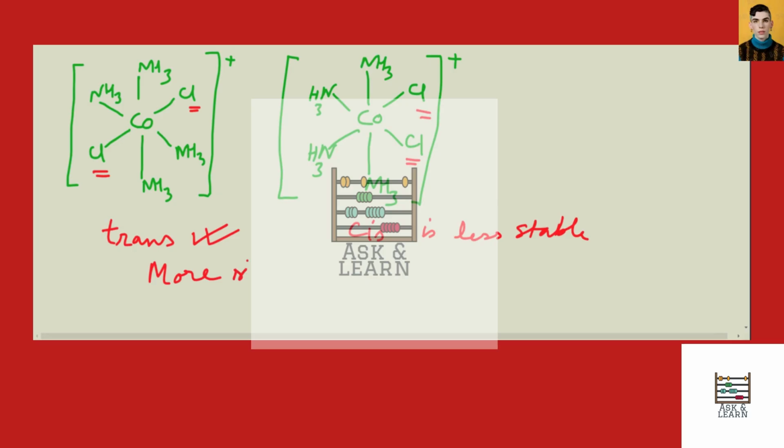And this is more stable. So by this we can say that in the product the ratio or proportion of trans isomer will be more as compared to cis, but how much it will be more, it will again depend upon the reaction conditions.